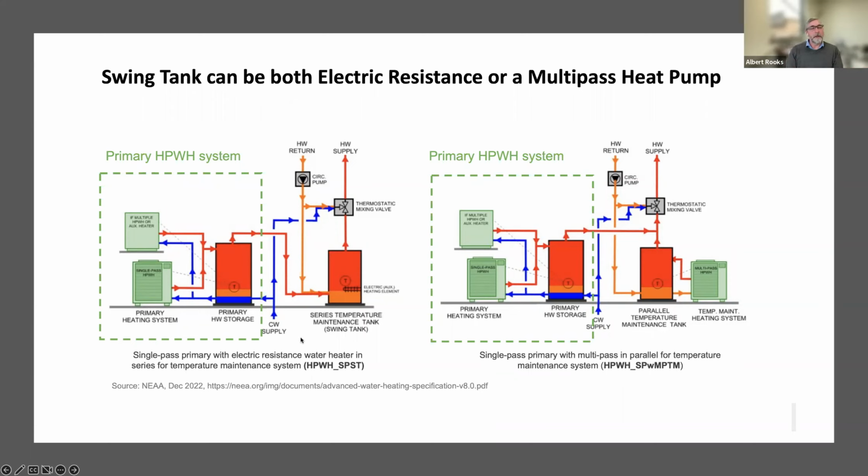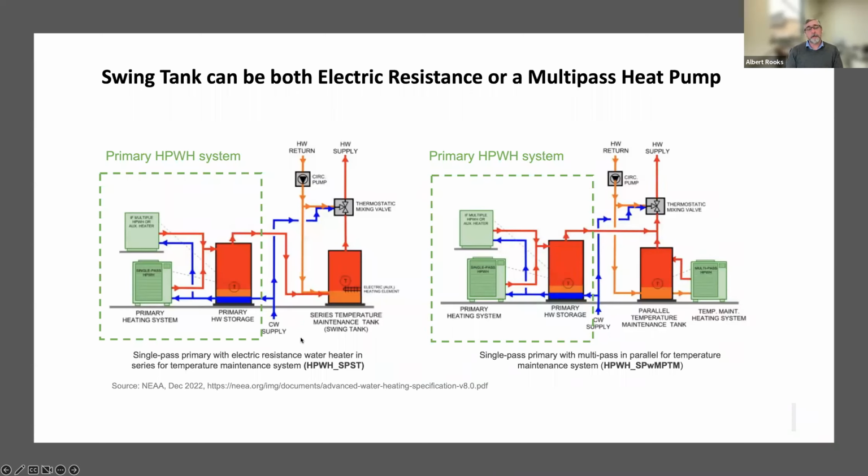What's different is the left-hand side has essentially an electric resistance swing tank or a maintenance tank. The right side is also the same isolation tank, but rather than electric resistance on board in the tank, it's got just a multi-pass water heater.